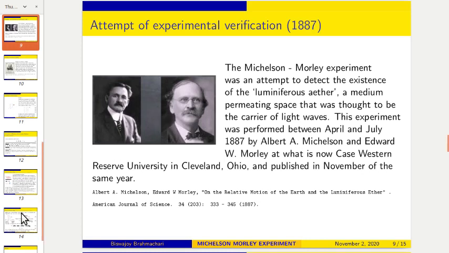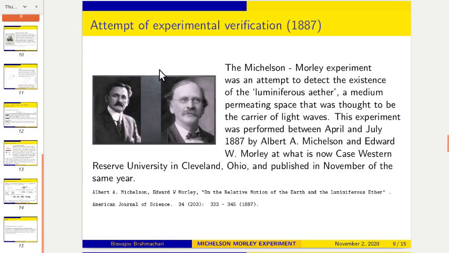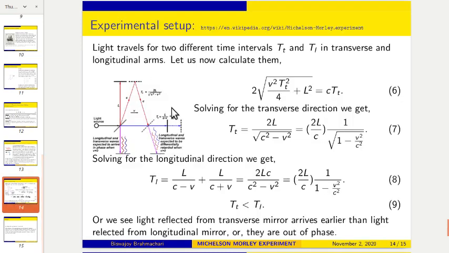Even these days you will find the Michelson-Morley experiment in physics laboratories, where students are doing it. It is so important. So this interferometer had the capacity of seeing this fringe shift because of the difference in time. The time in the longitudinal direction and the time in the transverse direction are different.